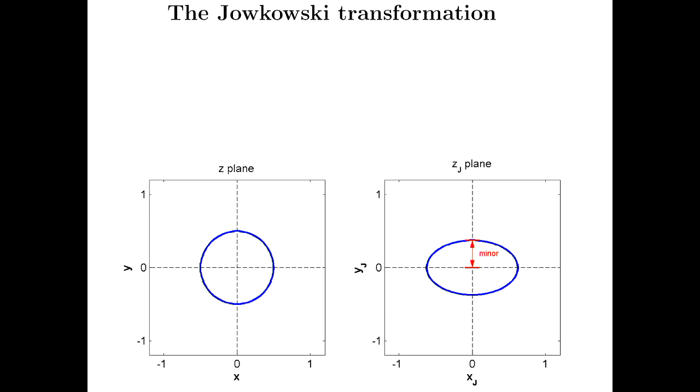Okay, so let's have a look at what happens. Here I have my Joukowski circle, C. As I increase C, it approaches a flat plate with a length of 2r, twice its length.